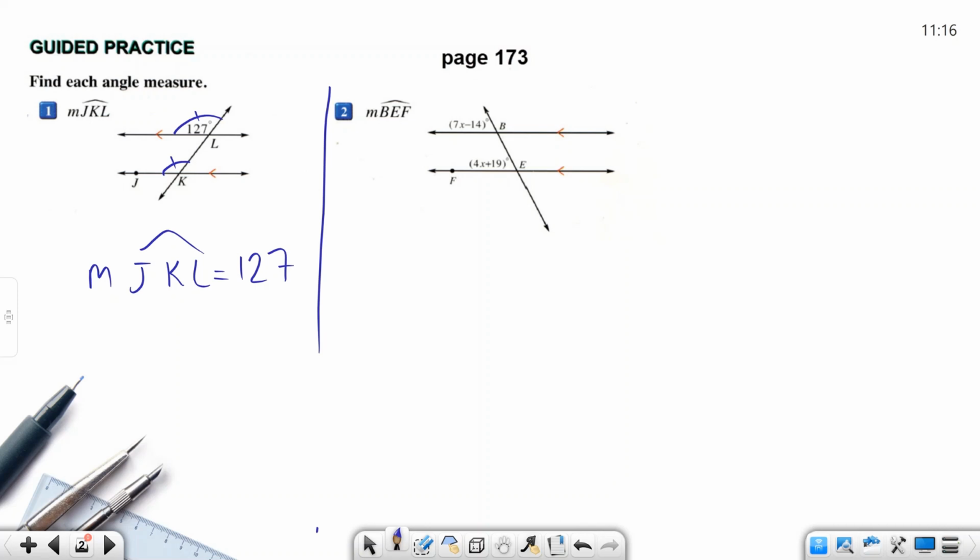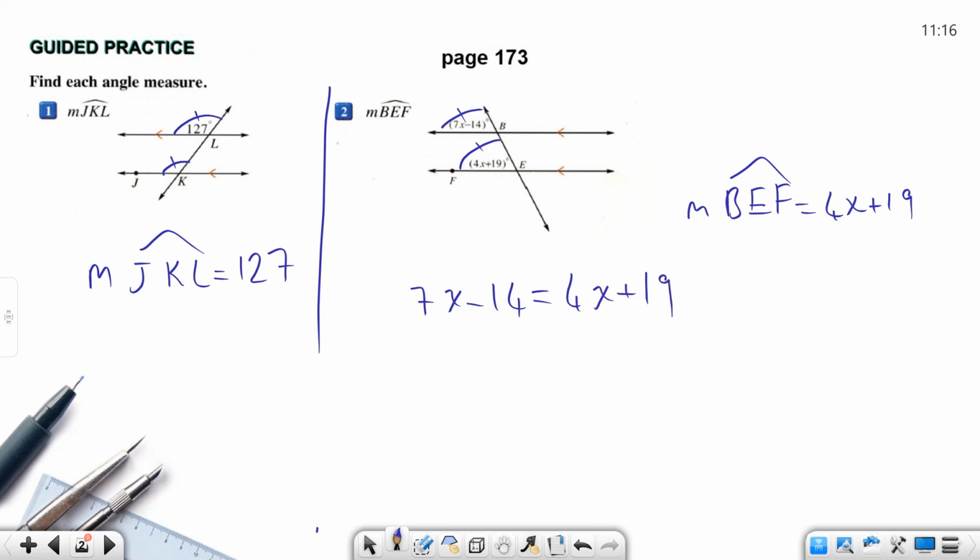As you see, it's asking about angle BEF. So I can write here the measure of angle BEF is equal to 4x plus 19. There is another angle given, 7x minus 14, and they are corresponding angles. When they are corresponding angles, they are congruent, so as a value they are equal.